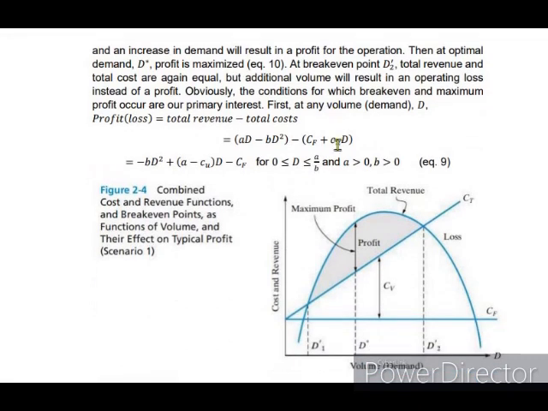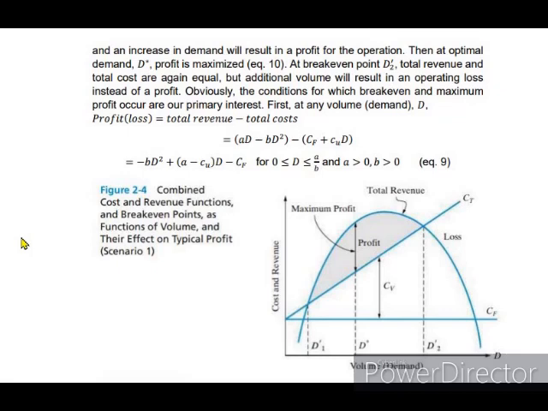So then at optimal demand D, profit is maximized in equation 10. At break-even point D sub 2, the total revenue and the total costs are again equal, but additional volume will result in an operating loss instead of profit. So when the total revenue and the total costs are equal, there will be an operating loss instead of profit when additional volume is produced.